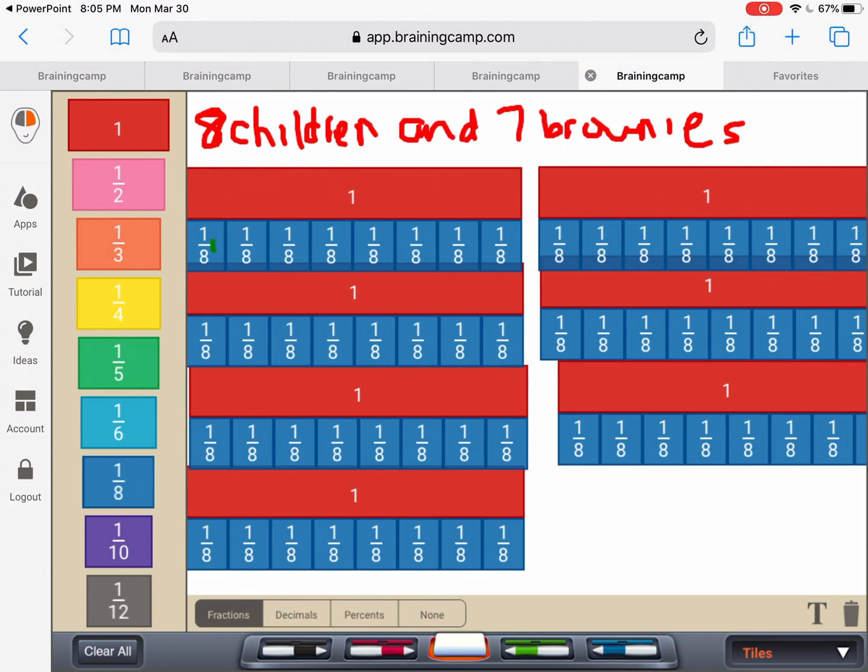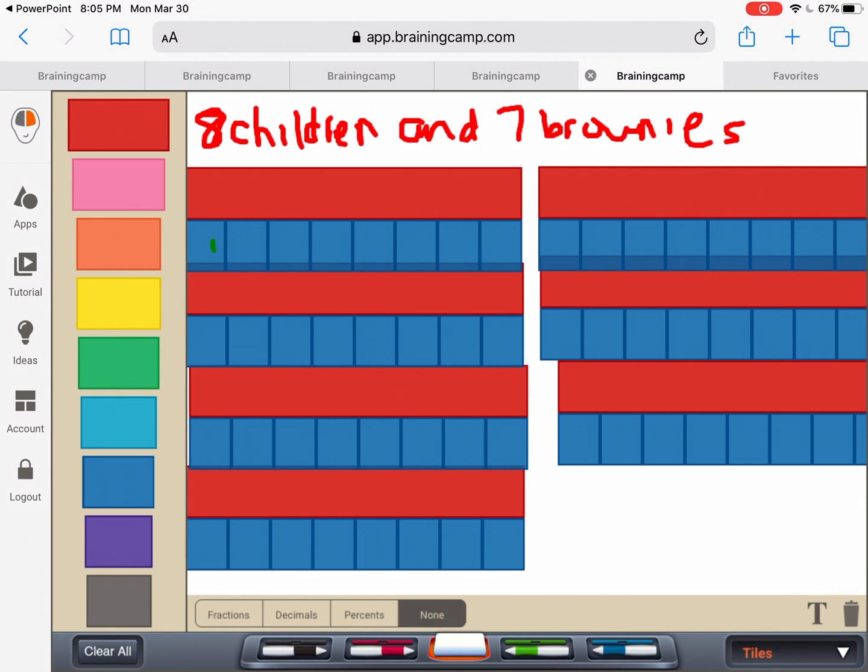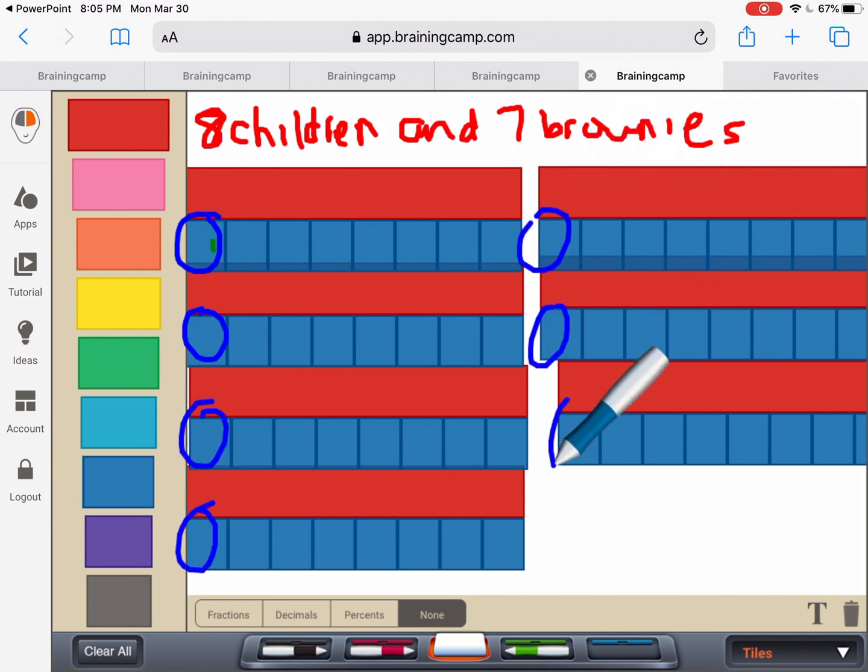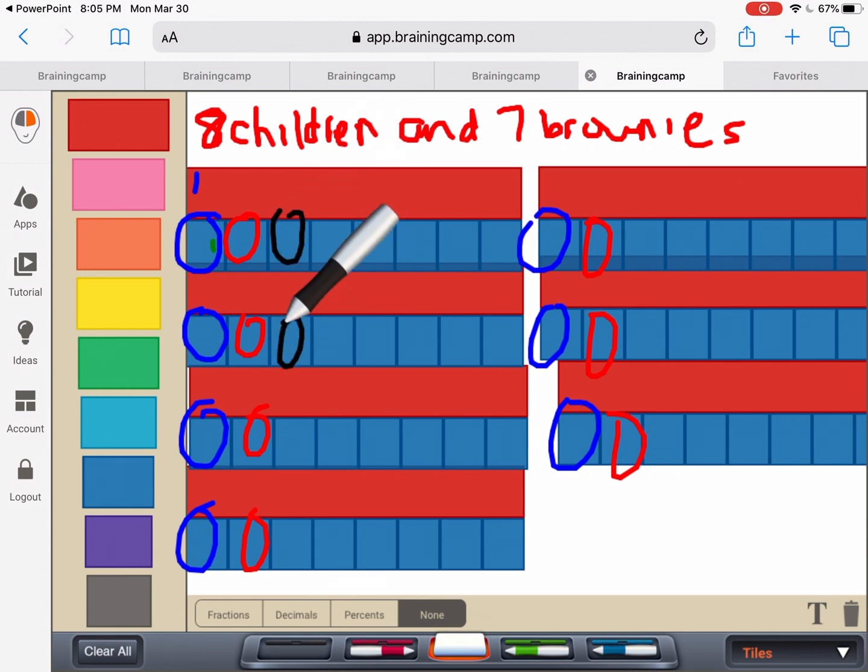Okay, so I don't have room here to show you how we would separate those out, but if we had 8 children, that means that they're going to get, I could circle, one from here, one from here, one from here, one from here, one from here, one from here, one from here. How many 1/8? That's one child. And then I could do the same thing for child number 2, and this is for child number 3.